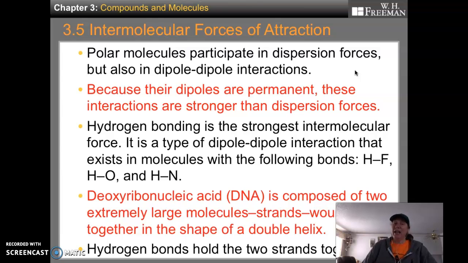And then you can have hydrogen bonding, which is an even stronger dipole, but again, you have to have hydrogen. If you look at DNA, it has two extremely large molecular strands. You know, DNA is a double helix, a double twisted strand. They have hydrogen bonds that hold the strands together. And that's a very, very strong bond, which is good because we don't want our DNA falling apart.